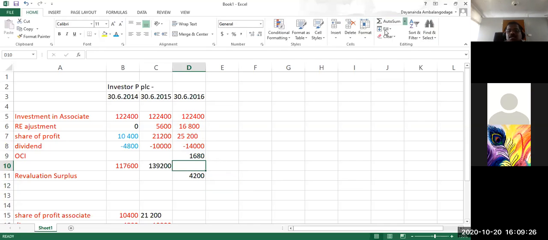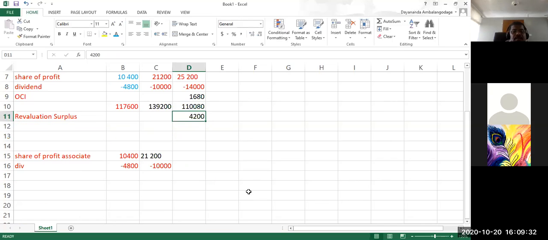So here the balance has to be 110. And the profit would be 25,200. Dividend, of course, 14,000 minus figure.